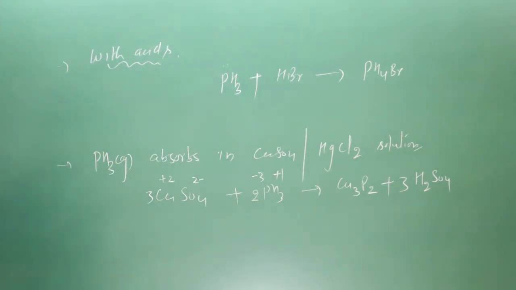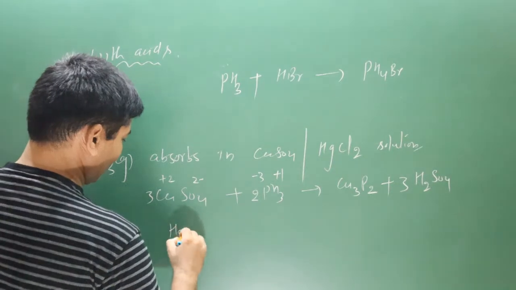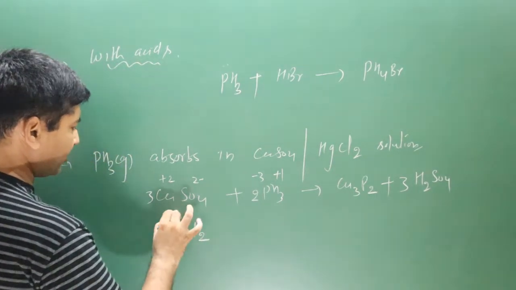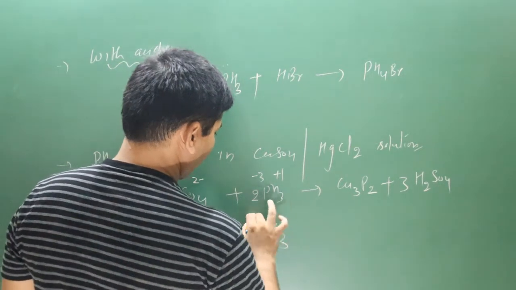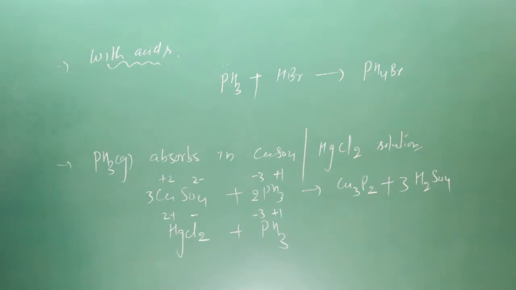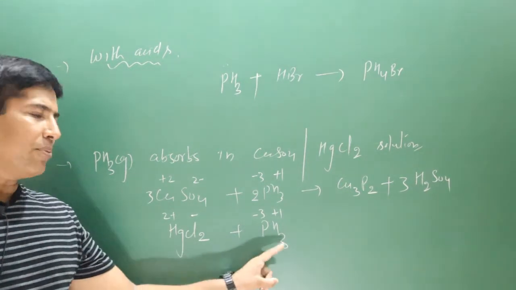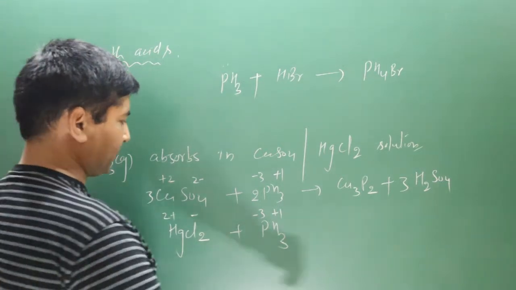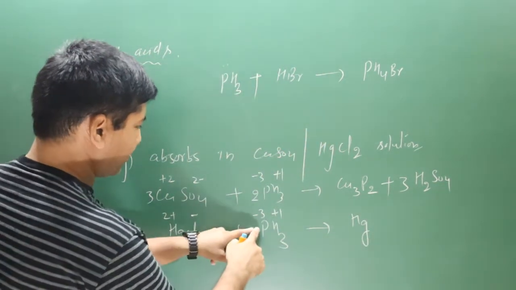Equation is balanced. Now next we have mercury chloride, HgCl2. In this case it is +2 and it is -1. Then we have phosphine, phosphorus is -3, hydrogen is +1. Now Hg will combine with phosphorus and Cl will combine with hydrogen. The reaction is complete. We get Hg, it is +2 and P is -3.